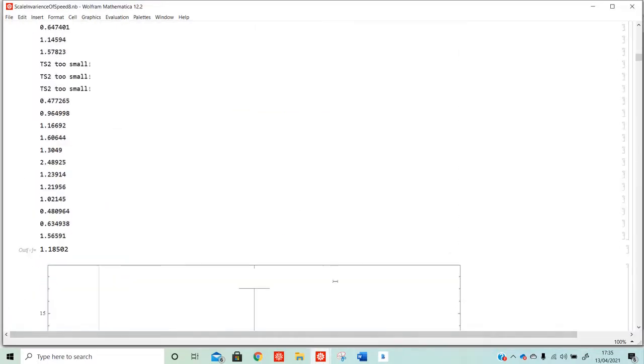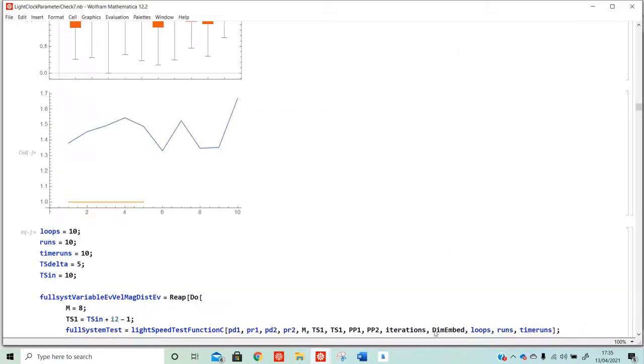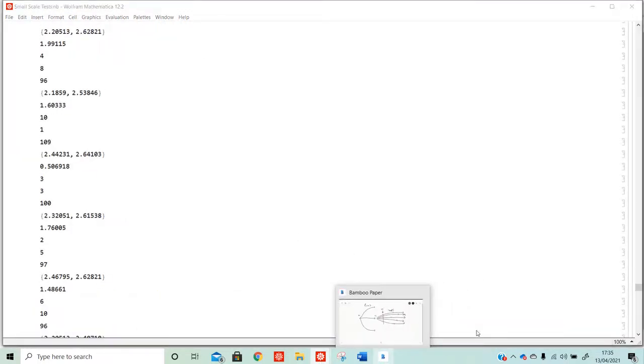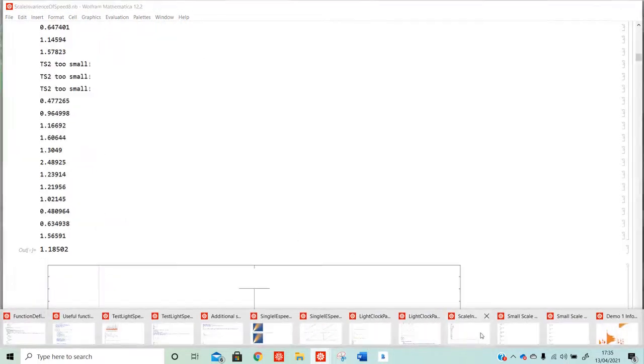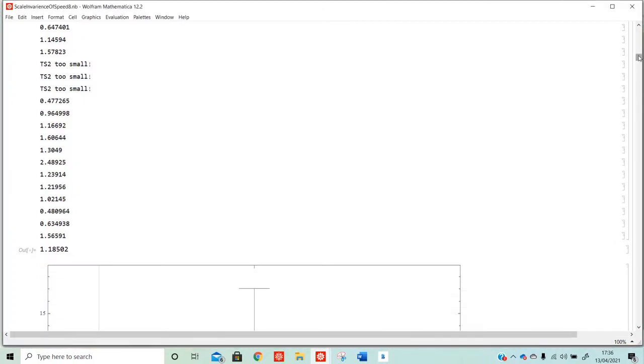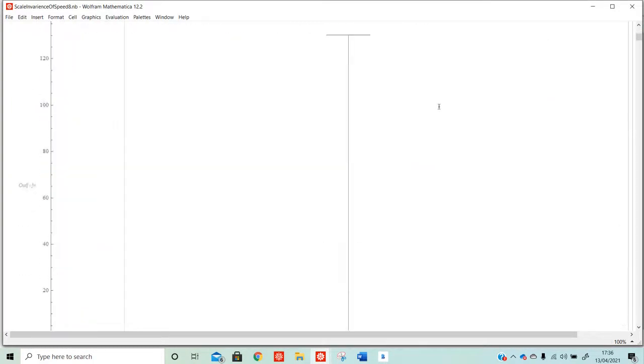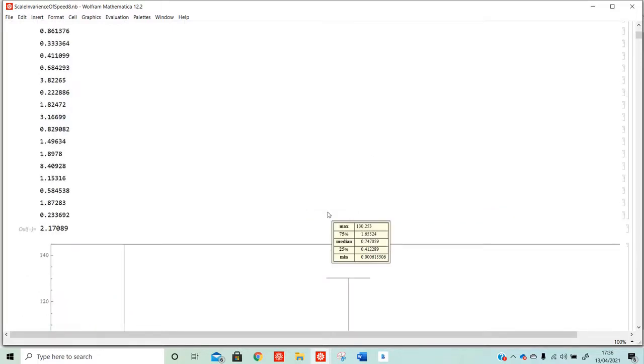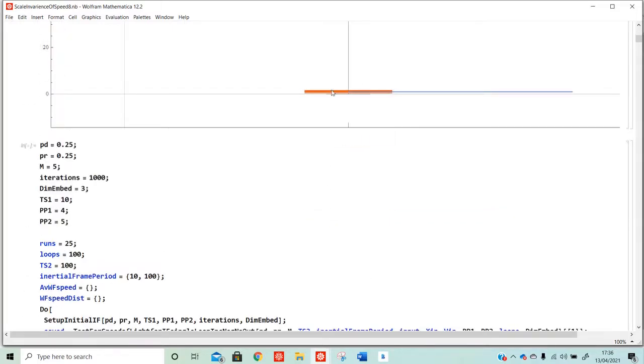And when we look at something like this, it seems pretty crazy that these values are so constrained to be around 1 in this distribution.